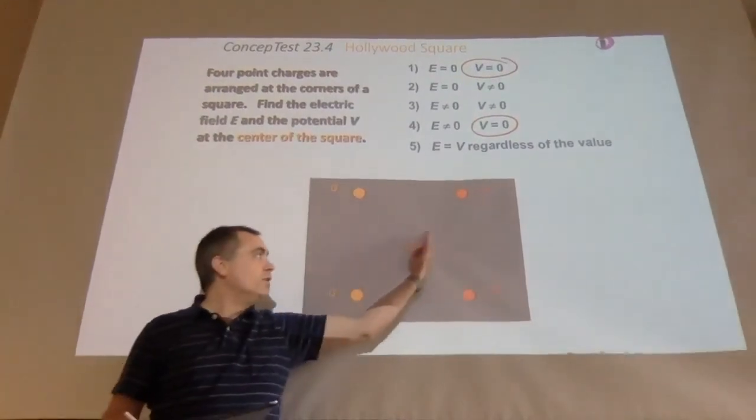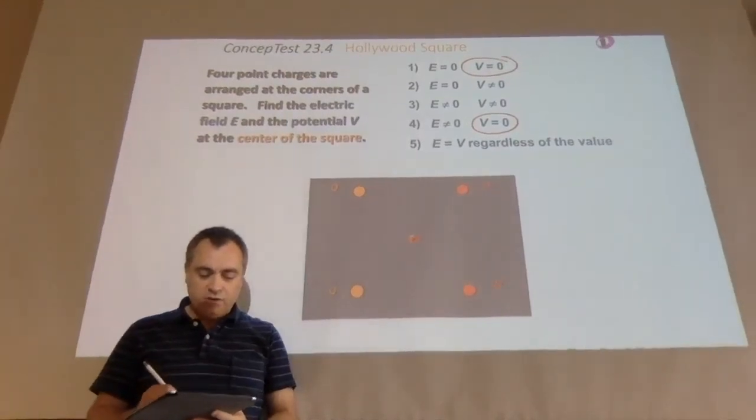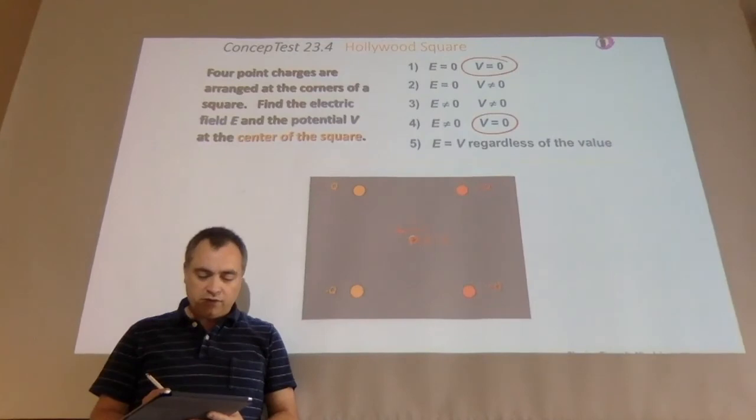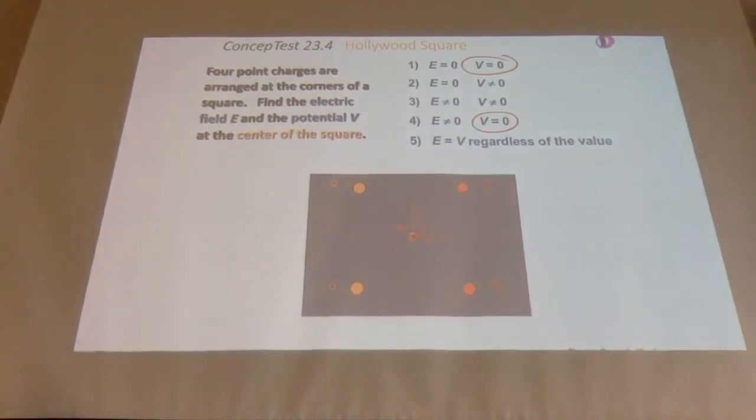It's going to feel a force toward the left, at least roughly speaking. So the potential here is 0, but the electric field there has some value that points to the left, because I know a positive charge would feel a force in that direction. So our overall answer is this. There is an electric field at that point, but there's no potential. How's that possible?